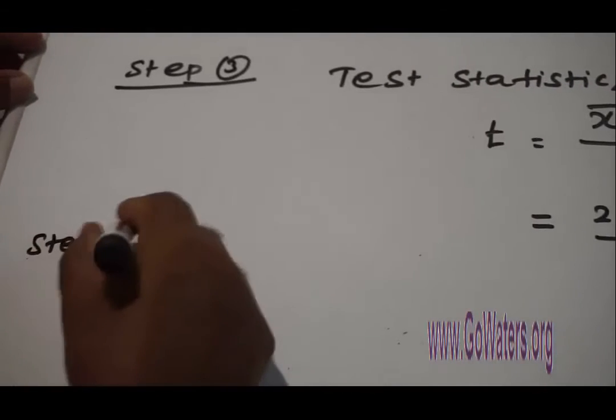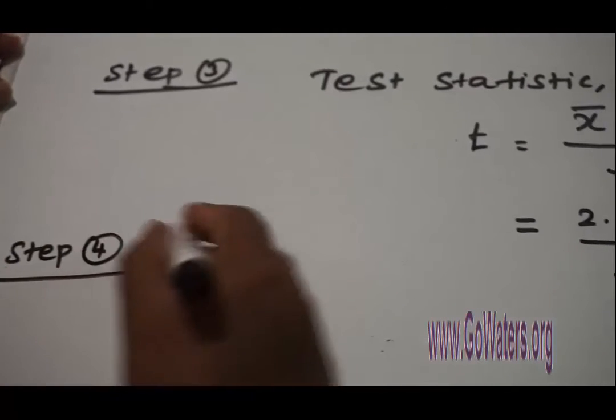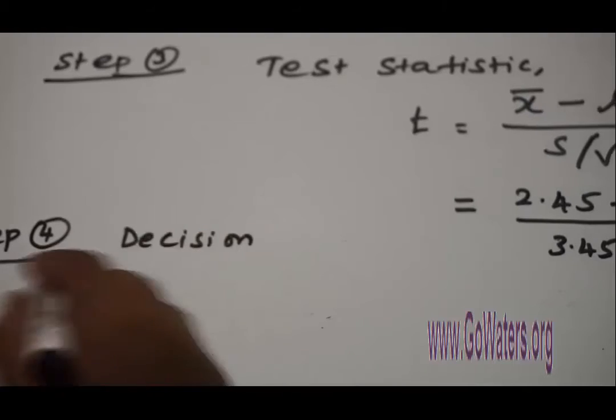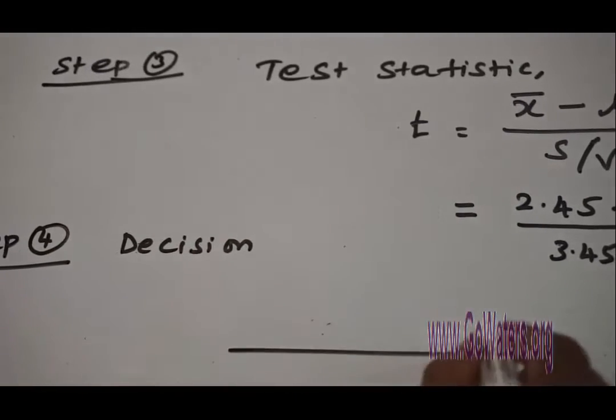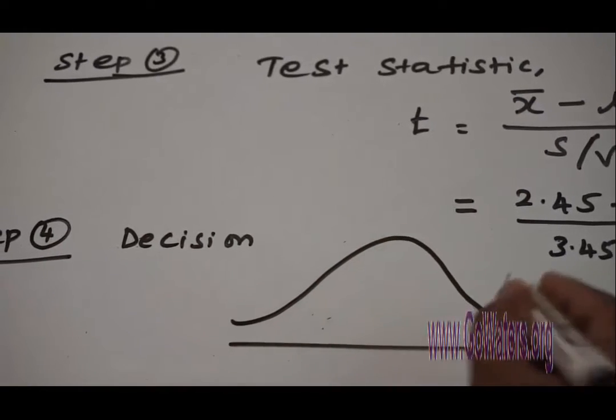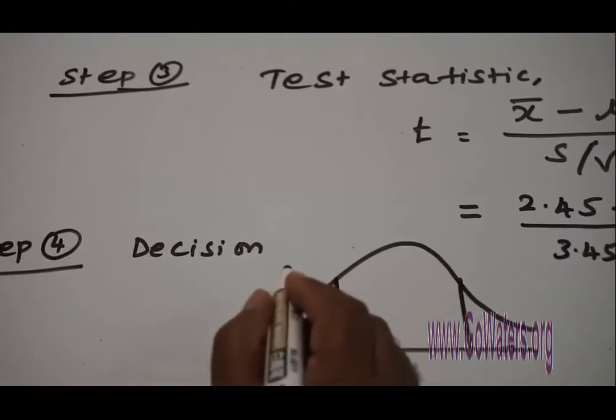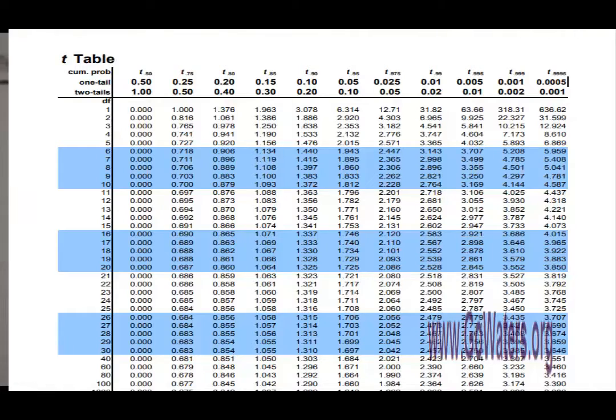Now step 4. You have to make the decision. So what is the decision? This is the T graph, right? If you look at the T table here, this is the degrees of freedom.